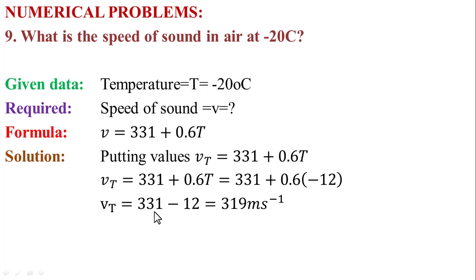So 331 minus 12 is equal to 319. So the answer of this question is 319.